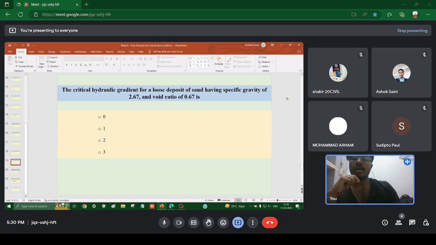The critical hydraulic gradient for a loose deposit of sand having specific gravity of 2.67 and void ratio of 0.67 is. In the previous question, I asked you to find the hydraulic head, and in this question, there is another sand stratum, and I'm asking you to find only the critical hydraulic gradient.